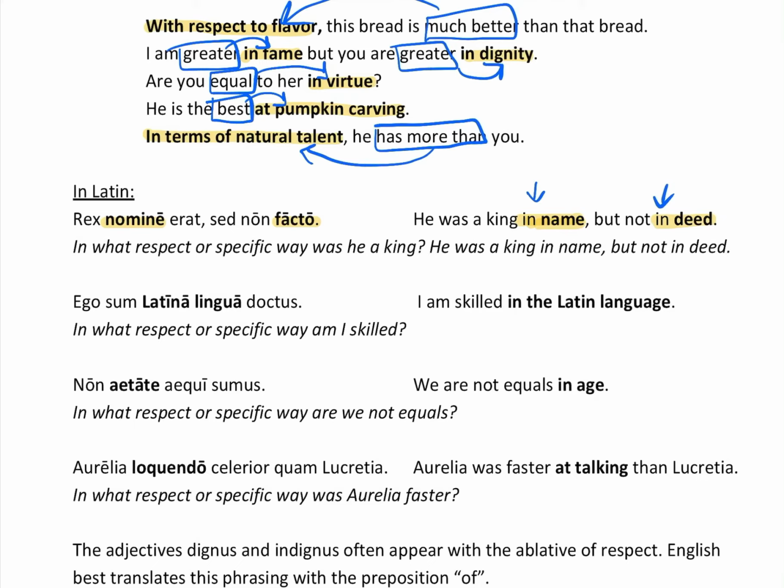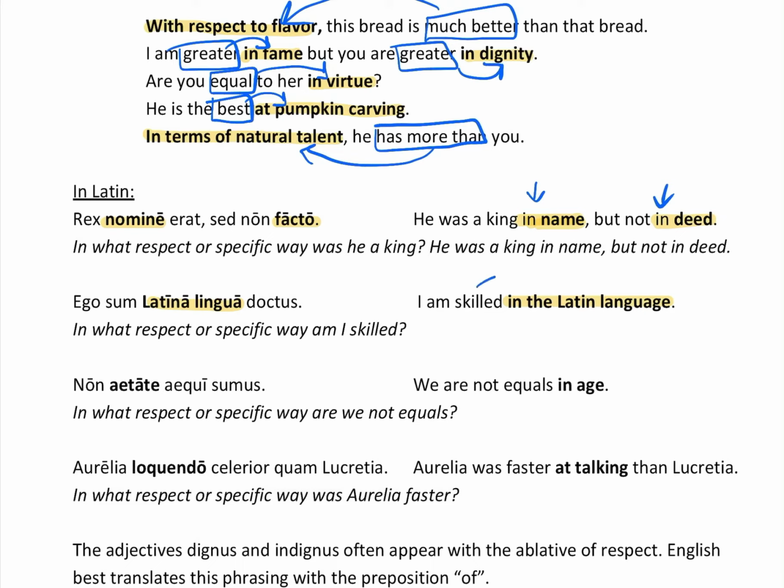So, ego sum Latina lingua doctus. I am skilled in the Latin language. So here I did do the in. This whole phrase, right? Latina lingua is the translation of the ablative here. In what respect or specific way am I skilled? Well, I'm skilled how? In the Latin language.